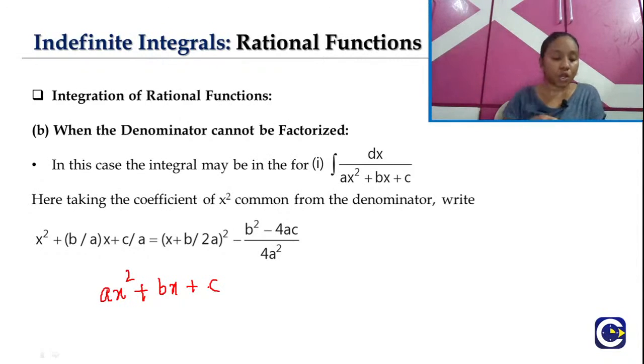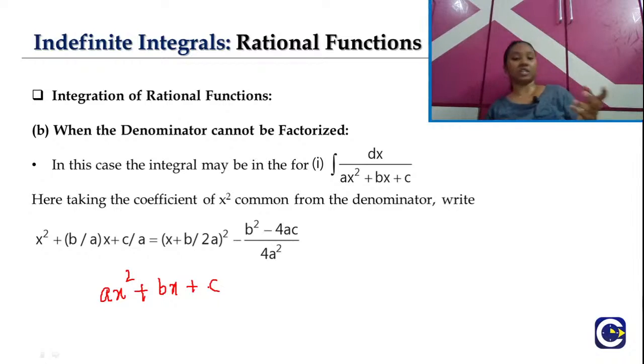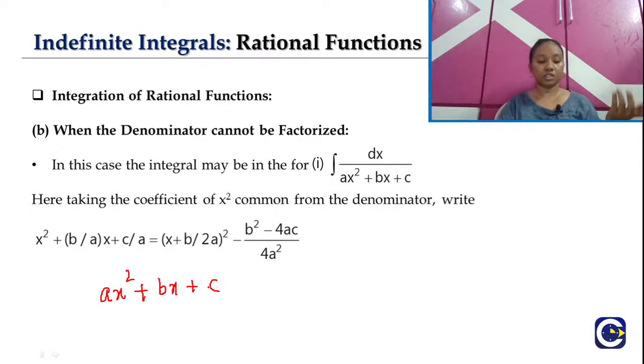There are some polynomials which we cannot factorize. So how do we solve when we couldn't factorize the given denominator of the rational function? Let's see.